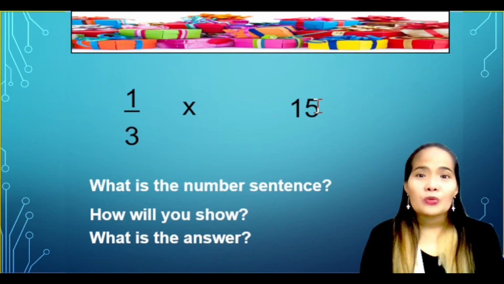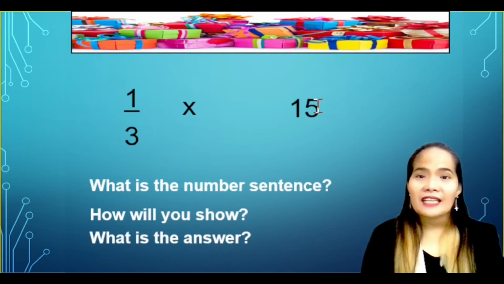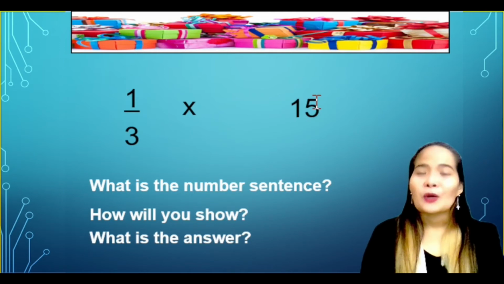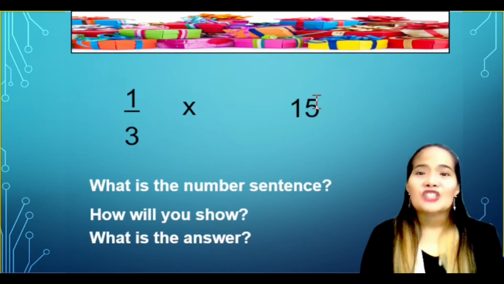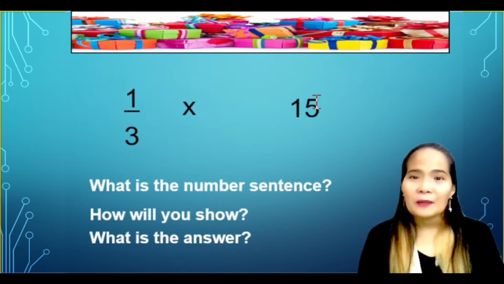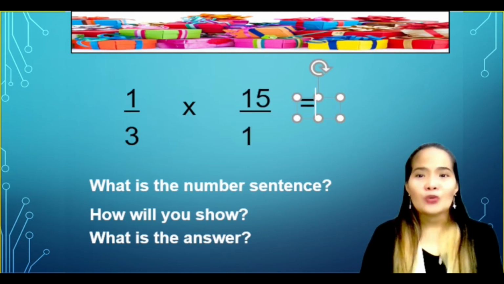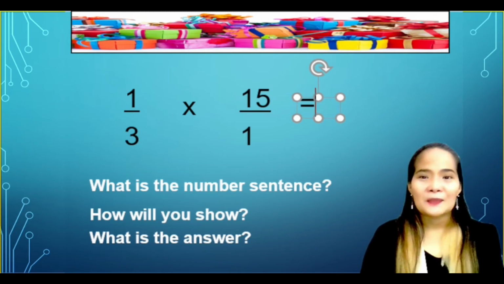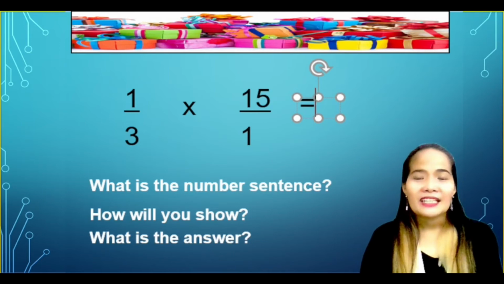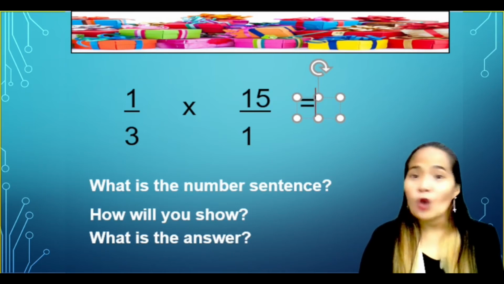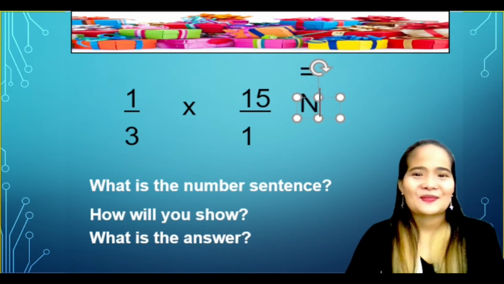And what will we do to change 15 to a fraction, pupil number 11? Okay, very good. You will just put the denominator 1. Now, you have your number sentence. Our number sentence is 1/3 times 15 over 1 equals n.